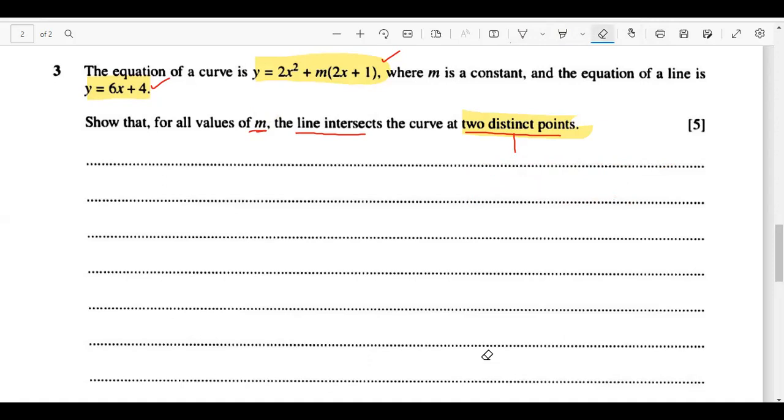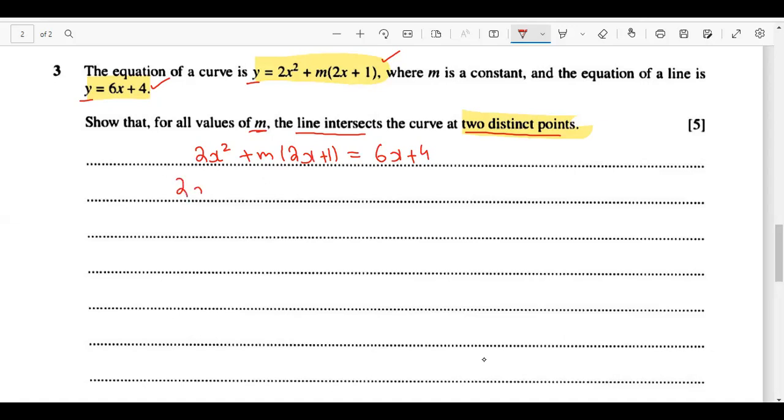So I will not be writing it down initially. Step 1 is going to be, I am going to make my one quadratic equation by equating these y's. So I would get 2x squared plus m into 2x plus 1 equals 6x plus 4. Step 1 was equating y's. Step 2, I am going to simplify this.